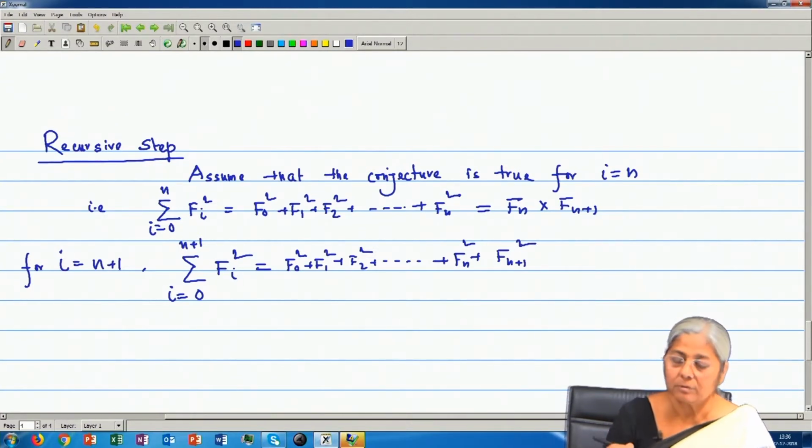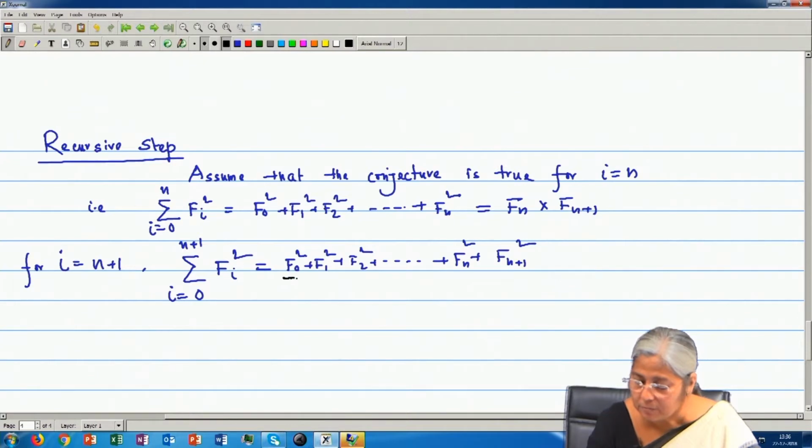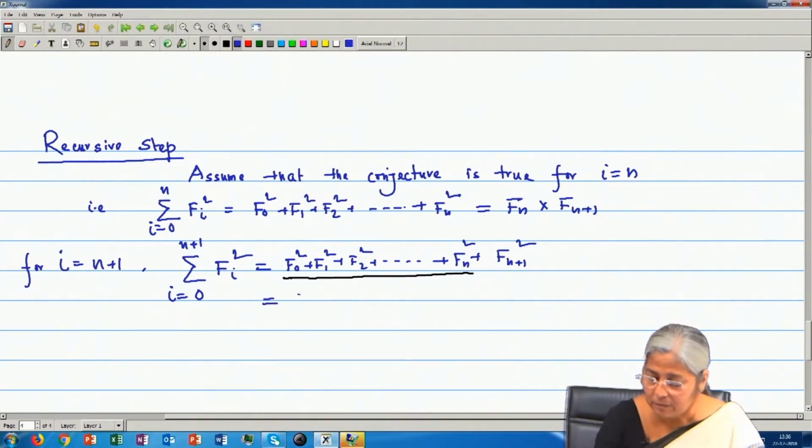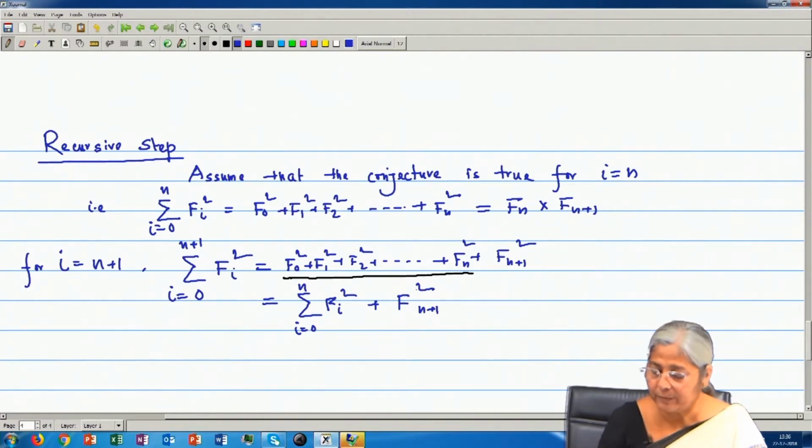Now, f 0 square to f n square, I can replace by the summation i equal to 0 to n of f i square, plus f n plus 1 square.